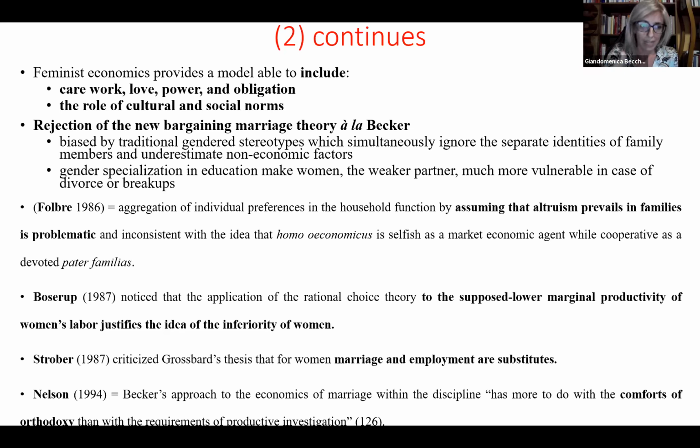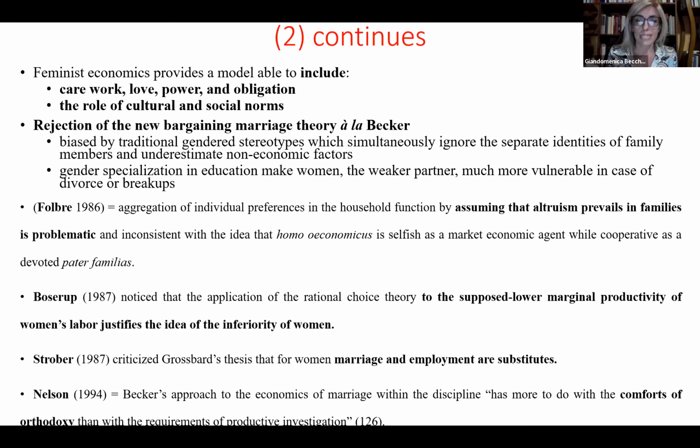And here you have a list of some of the most important feminist economists who dealt with marriage theory. For example, Folbre claimed that assuming that altruism prevails in families is very problematic and is inconsistent with the idea of homo economicus, because it is supposed to be selfish and competitive.